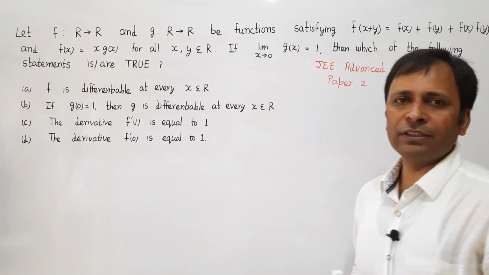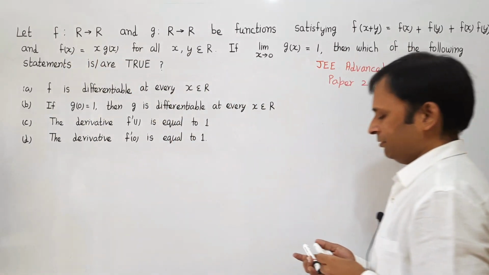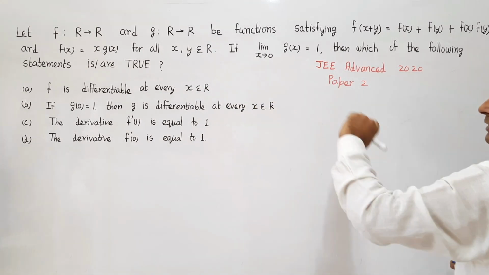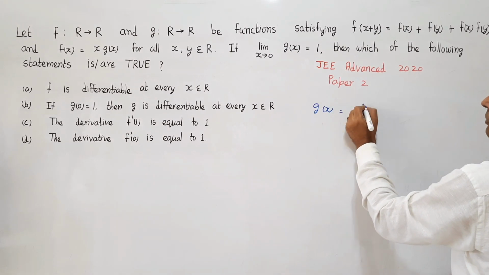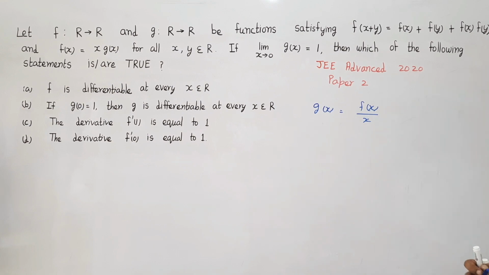To start with, I will first take the relation between f(x) and g(x). They have given us that f(x) is equal to x times g(x). The same information can be written as g(x) = f(x)/x.